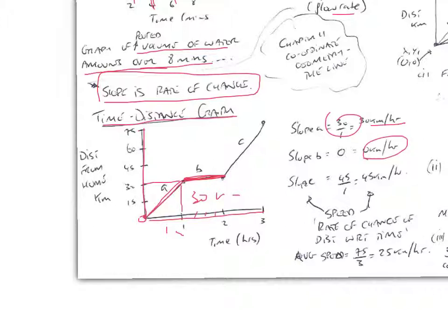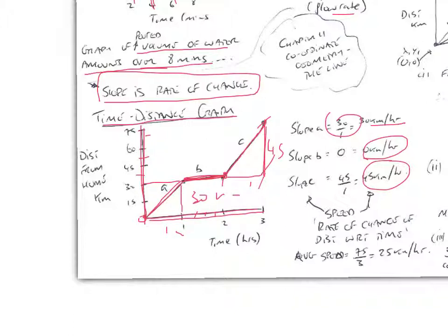So they stopped, obviously, for an hour, took a break, and then they took off again, and they went 45 kilometres, and that took them an hour, so 45 over 1 is the rise over the run. 45 kilometres an hour was the average speed then, or the rate of change of distance with respect to time.